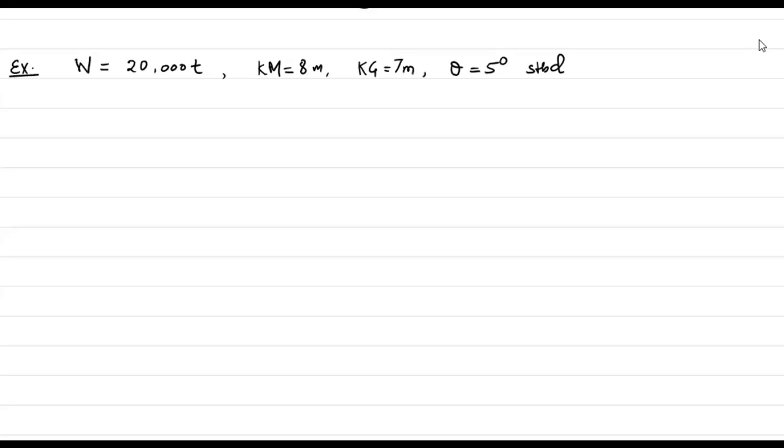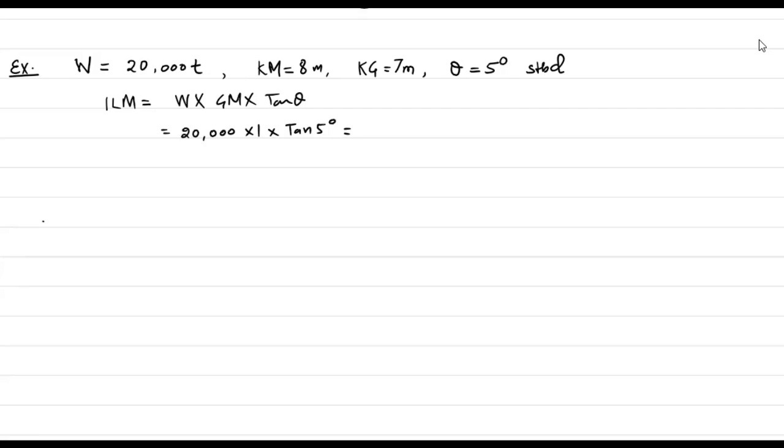We need to find the initial list moment. What will be the initial list moment? The formula is W into GM into tan theta. 20,000 multiplied by GM, which is KM minus KG, so it is 1.